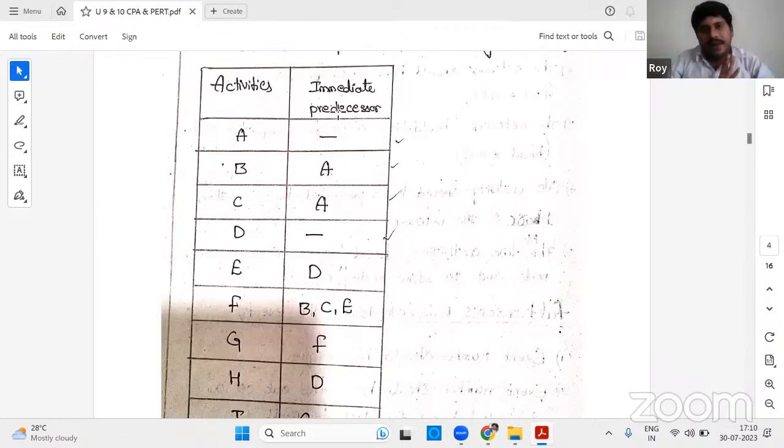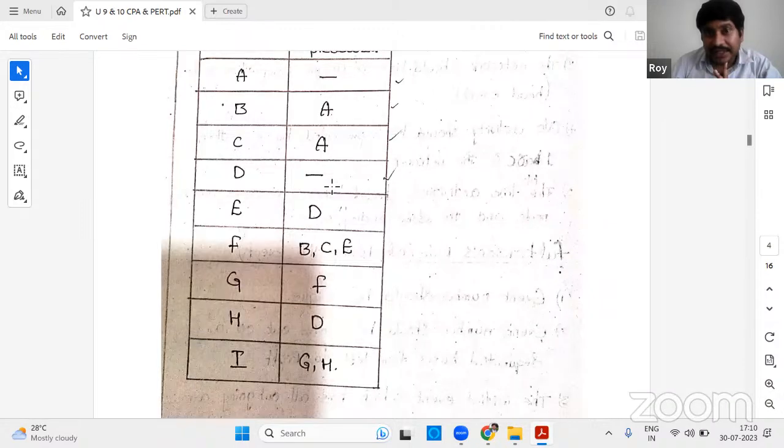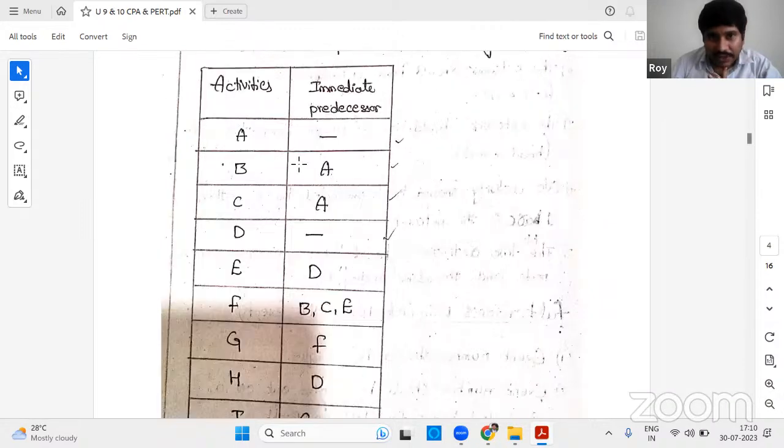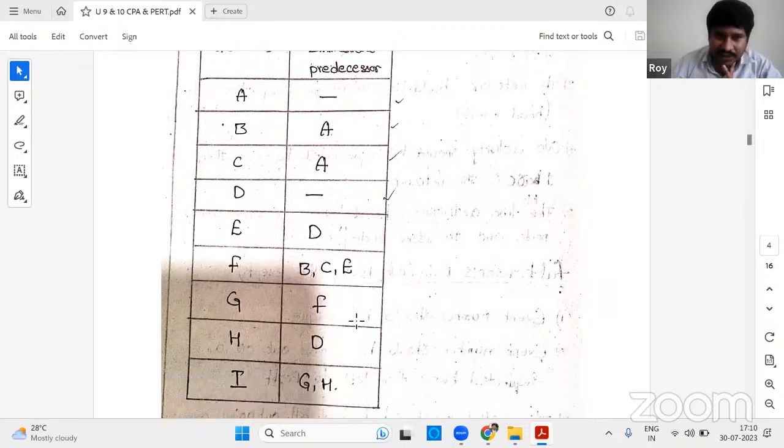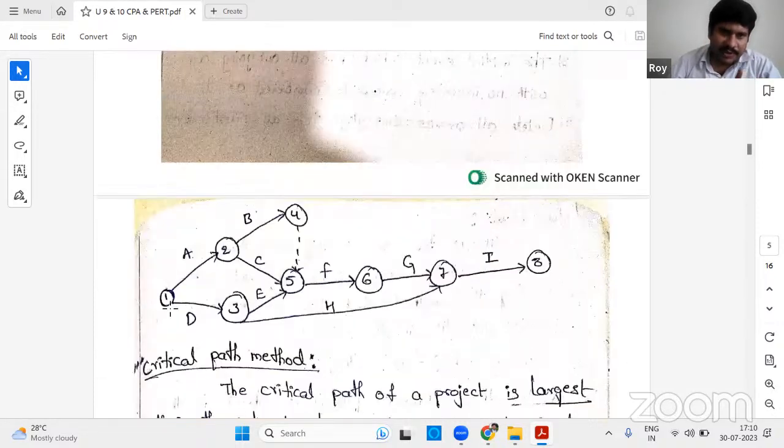Let's start with this. Whenever you're drawing an activity diagram, you need to check which activity is not having a predecessor. A and D are not having predecessors. Now I will draw like this: A from 1 to 2, D from 1 to 3.